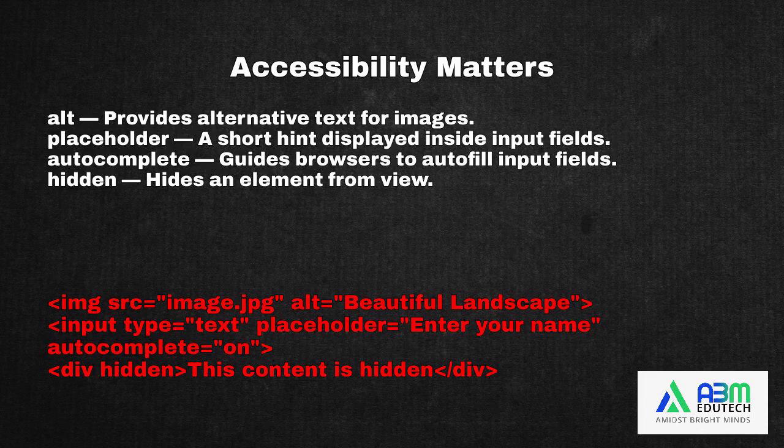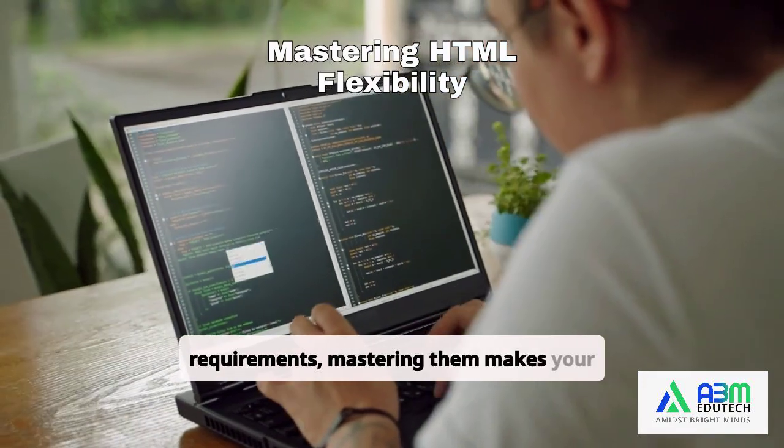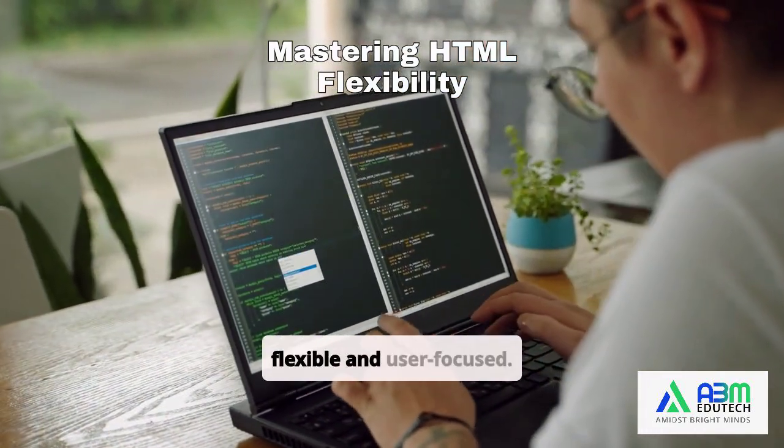For instance, input type equals email, autocomplete equals on makes filling forms faster. Hidden hides an element from the user's view while keeping it in the HTML code. This is useful for storing data or controlling layout without displaying specific content. Example, div hidden, this is not visible to users, end div. Even though generic attributes address niche requirements, mastering them makes your HTML code more flexible and user-focused.